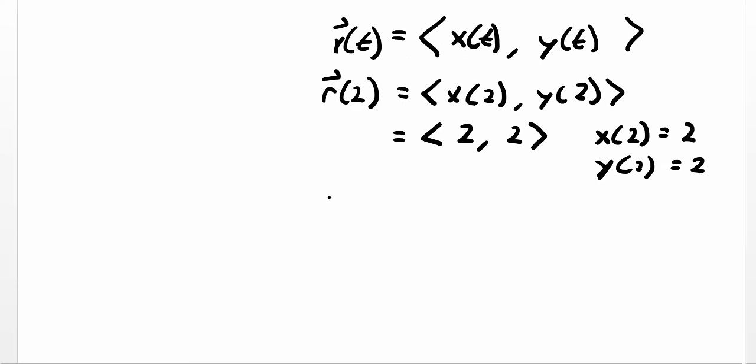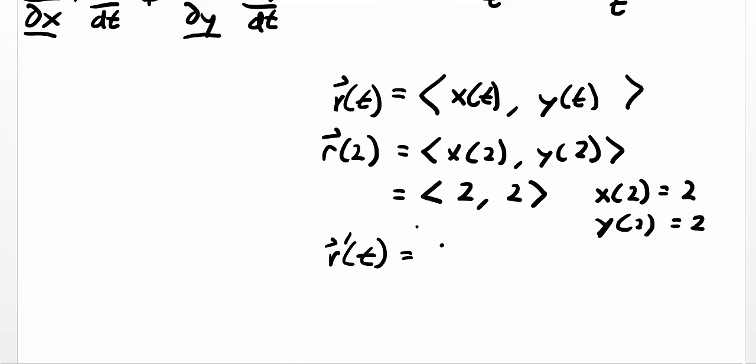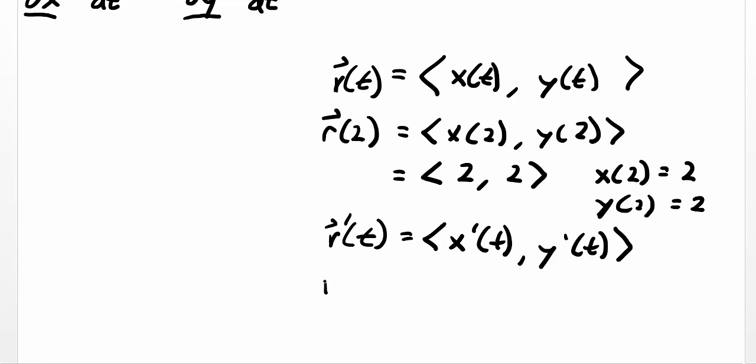Now furthermore, they told us r prime of t. Let's take a step back. So r prime of t is just going to be equal to x prime of t for the i component, and y prime of t for the j component. But that means that r prime of 2 is equal to x prime of 2, y prime of 2.